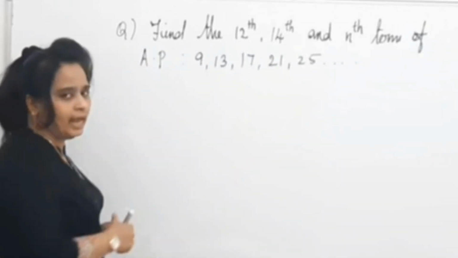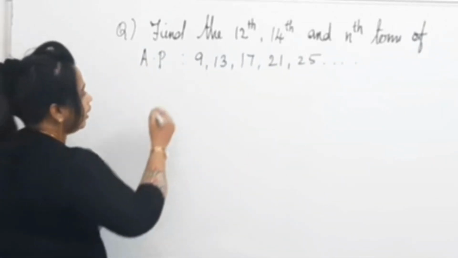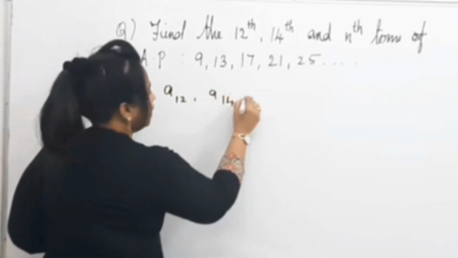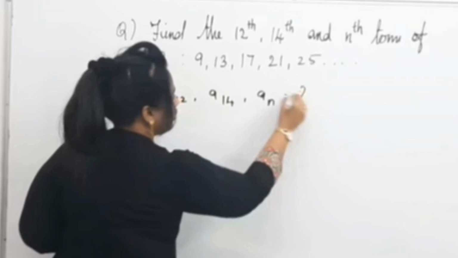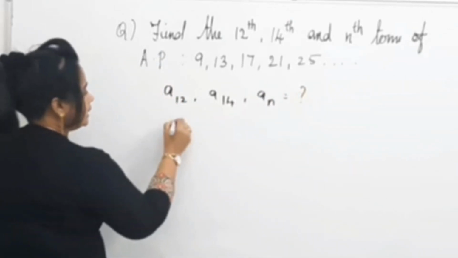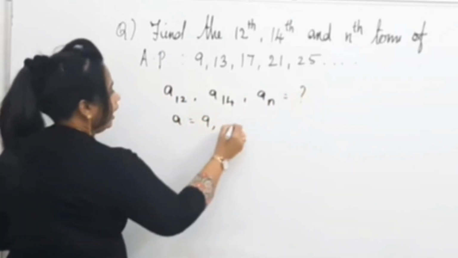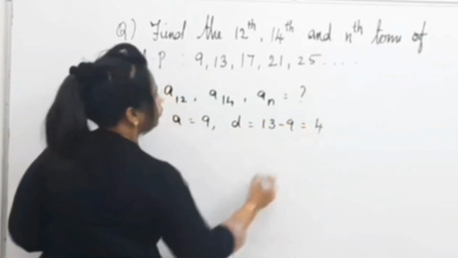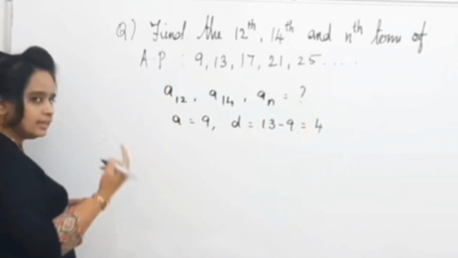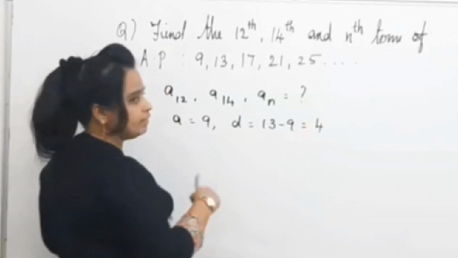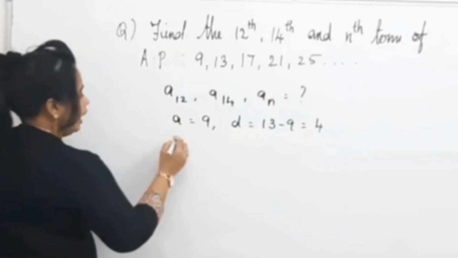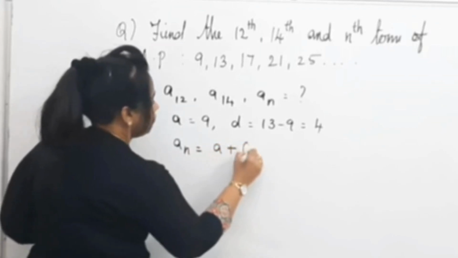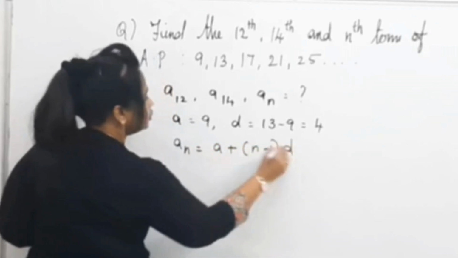So now this is an AP given. I want to find the 12th term, that means a12 and a14, and the a_n I have to find. So let me have my a = 9 and my d = 13 minus 9, which is equal to 4. 17 minus 13 is equal to 4. 21 minus 17 is equal to 4. Now I want my formula a_n = a + (n - 1)d.